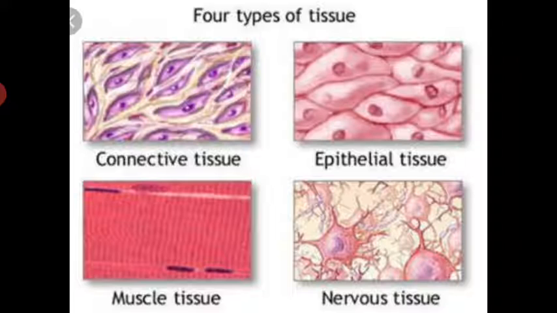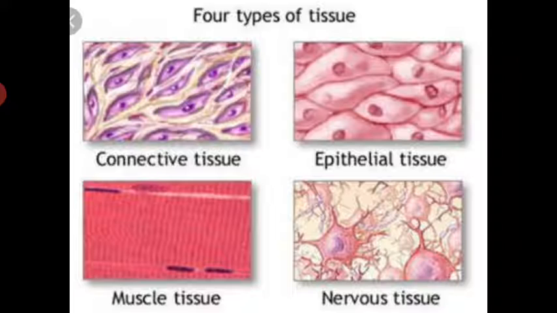The outer layer of the skin and the inner lining of the mouth contain epithelial tissues, and the inner linings of organs such as the esophagus, stomach, intestine, and lungs are made up of epithelial tissues.